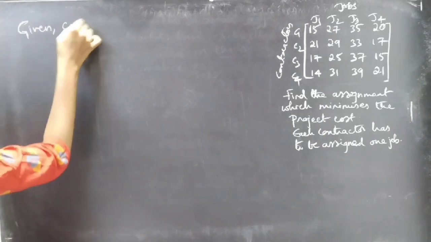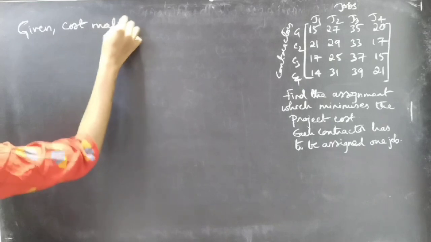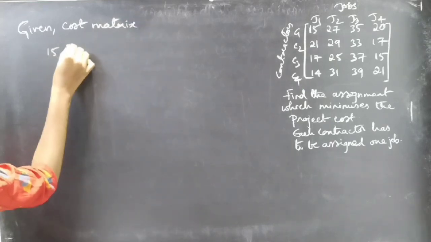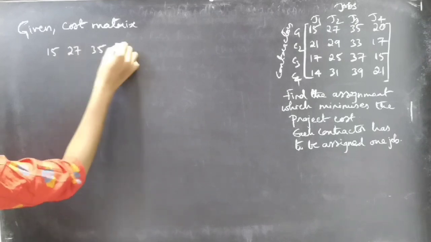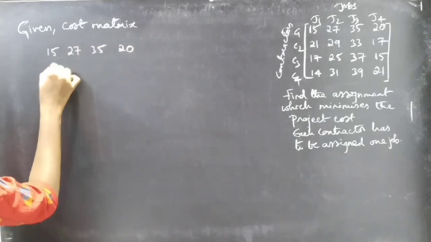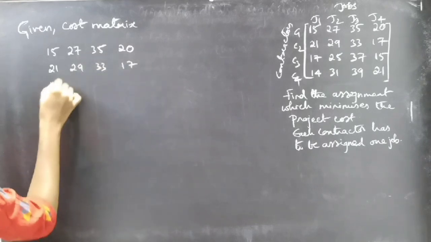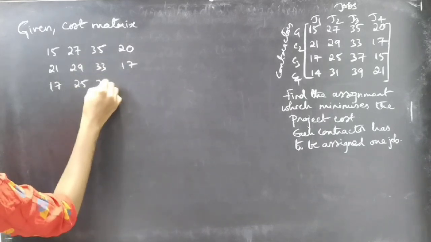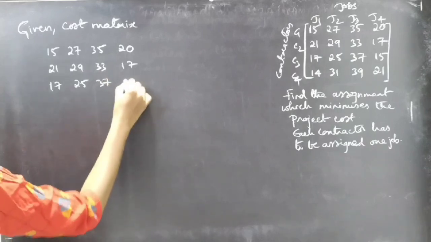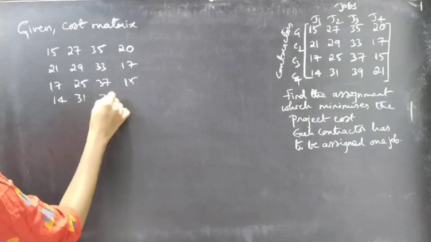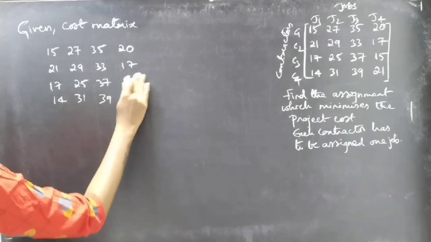Given cost matrix: 15, 27, 35, 20, 21, 29, 33, 17, 17, 25, 37, 15, 14, 31, 39, 21.